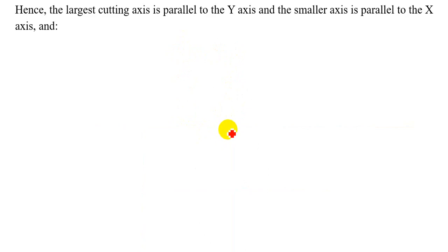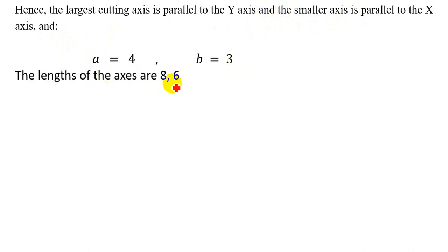Hence the largest ellipse axis is parallel to the y axis, and the smaller axis is parallel to the x axis. So a equals 4, b equals 3, the lengths of the axes are 8 and 6.